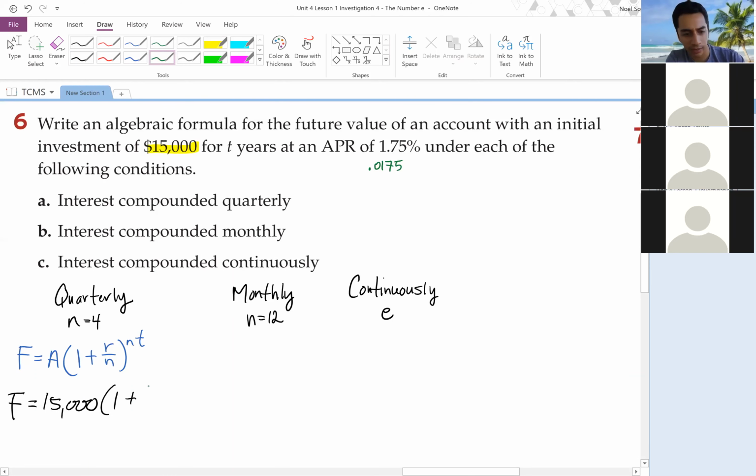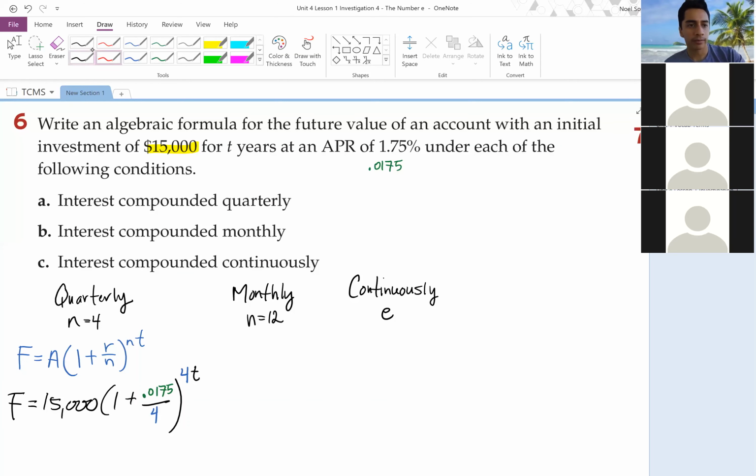Make sure you use the entire interest rate there. And then the quarterly represents 4, so it's happening 4 times a year, and you see that 4 show up one more time as part of your power. We don't know time, because we're just given enough information to write a formula. So that's our compounded quarterly formula.